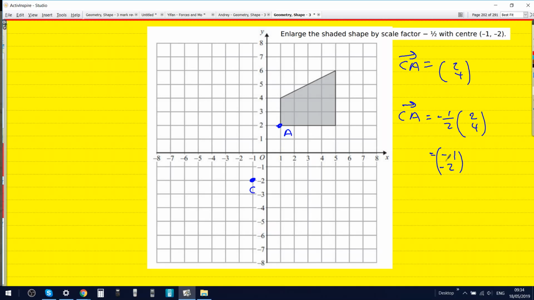No, you already worked it out. So -1, -2 from C. So 1 down and then 2 left. Other way around. So one up from 2 right. No. So the first one, it's 1 left, 2 down. Alright, sorry. Yeah. And then from C, it's 1 left, 1, 2 down.